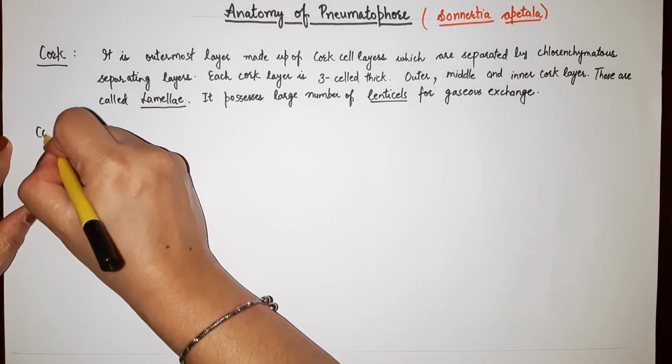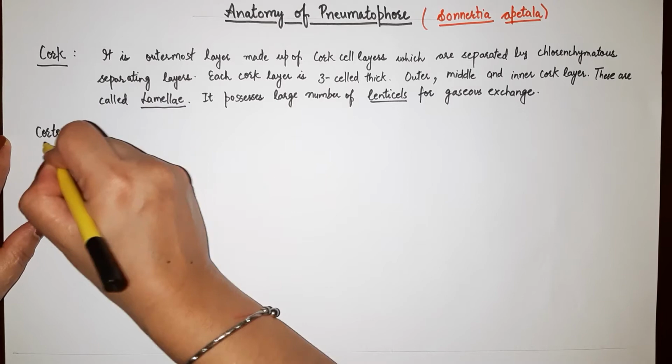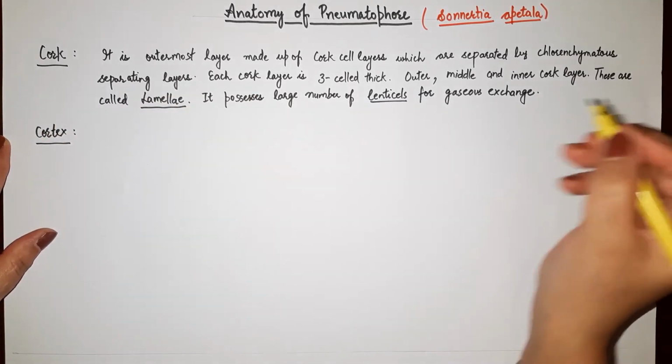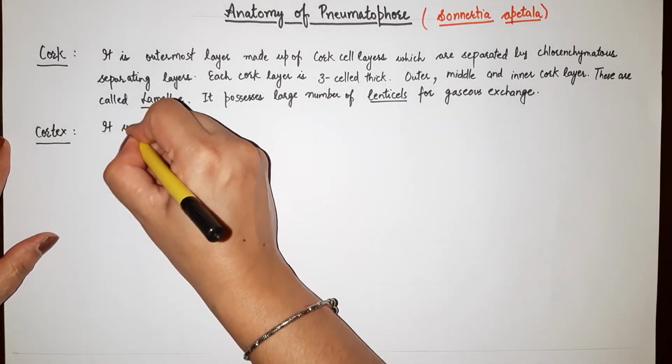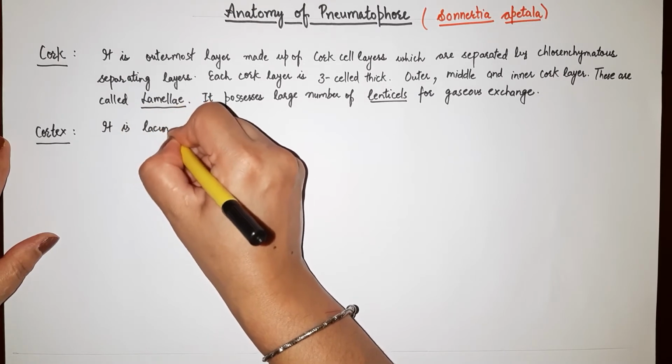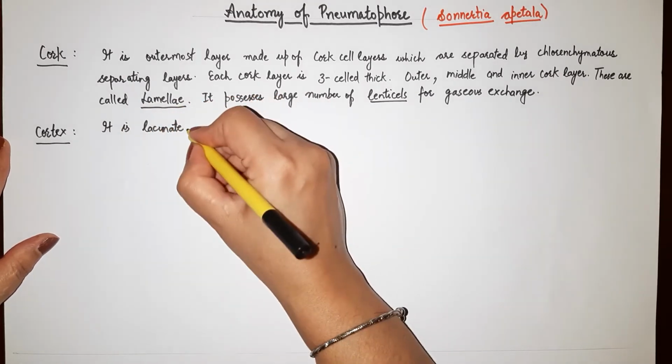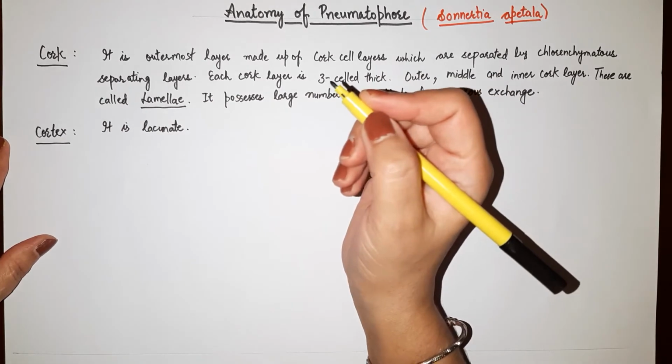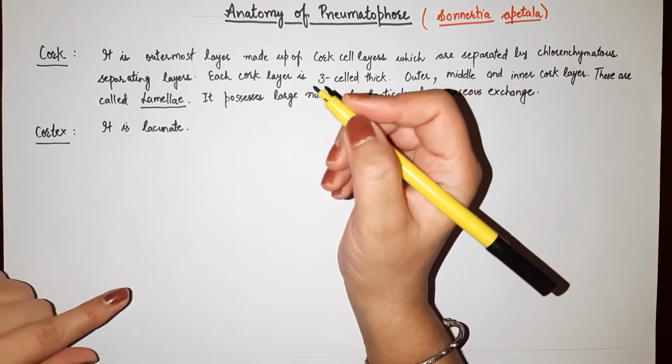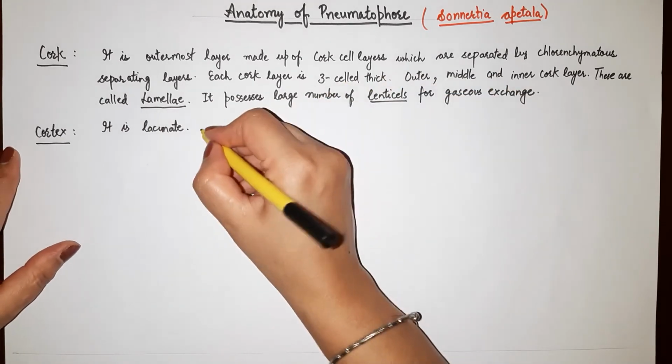Now, below cork we have chlorenchymatous cortex. It is lacunate. Lacunate means having abundant intercellular spaces, lacuna, gaps.